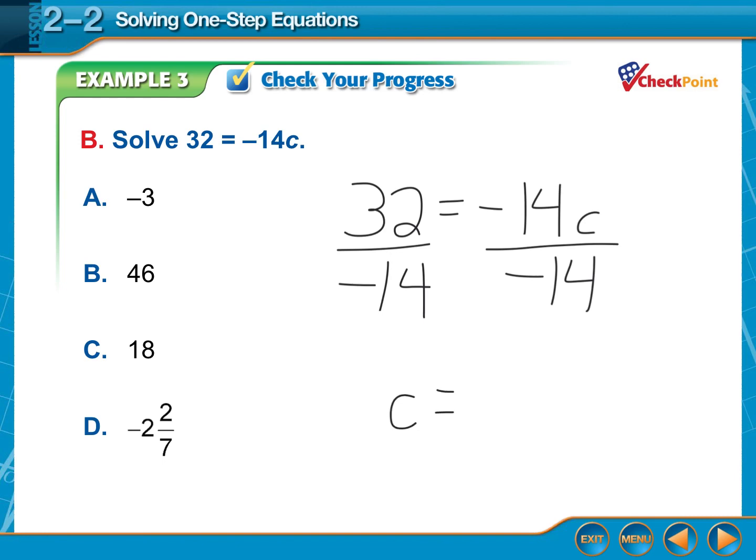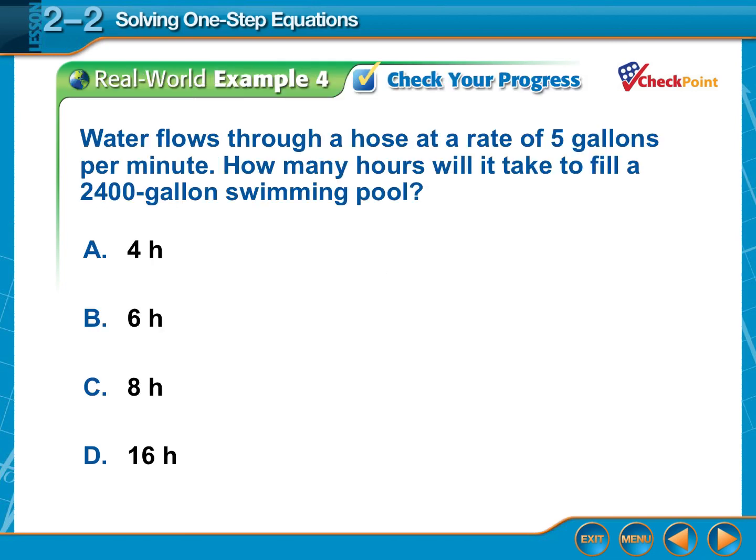Negative 2 and 2 sevens. So their relationship at the beginning was multiply. To get C by itself, we have to do the opposite, so that's why we divided.